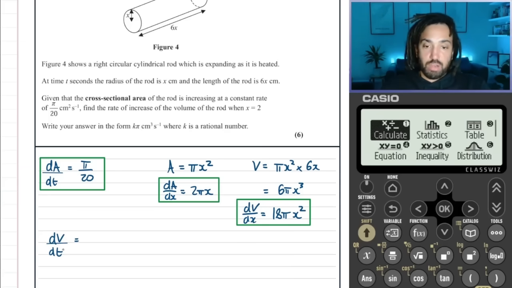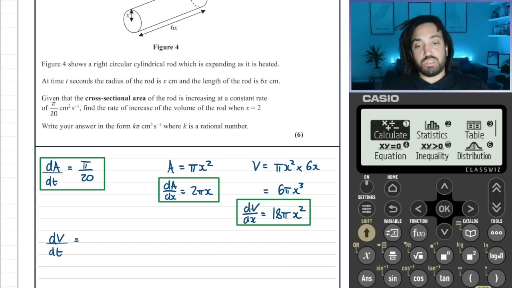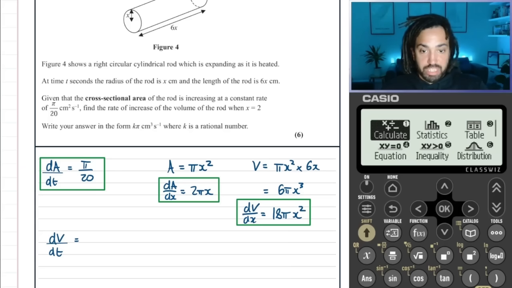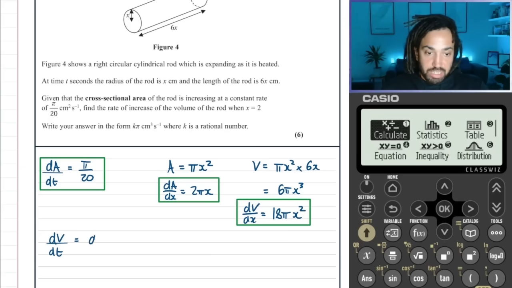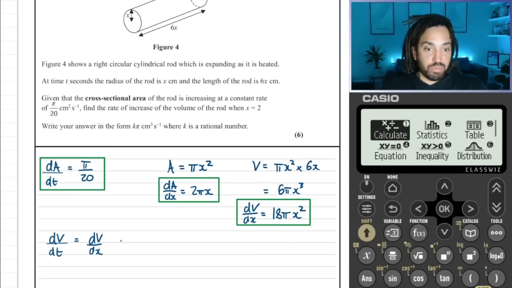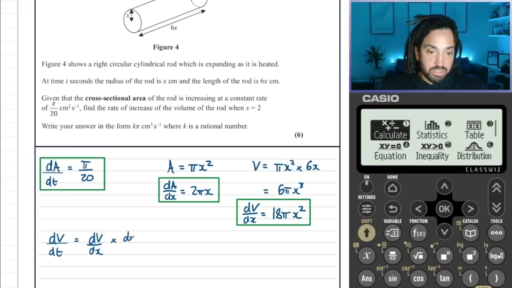So let's just start with, we want dV on top, and you've got here dV by dx. So let's write that there, dV by dx, like that. Well, I don't want dx at all, so I need to cancel that. So it needs to cancel by having a dx on top. And then the only other dx we have is the dA by dx.